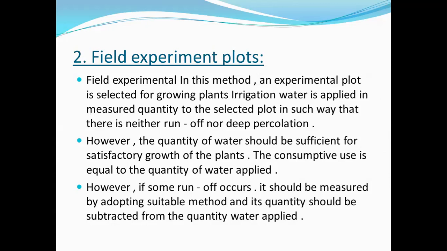So the consumptive use is equal to the quantity of water applied. If some runoff occurs, it is measured by adopting suitable methods, and its quantity should be subtracted from the quantity of water applied. So we can easily calculate consumptive use of water.